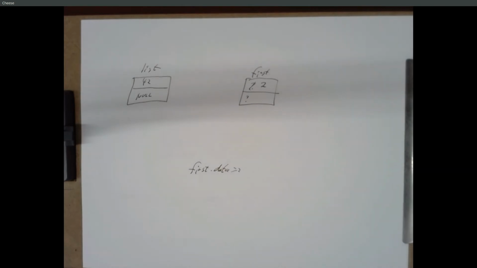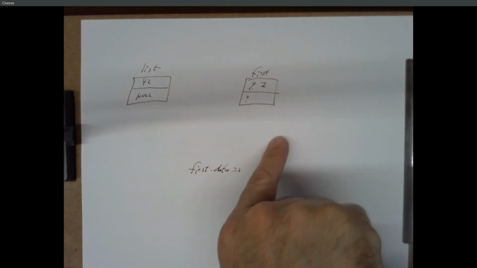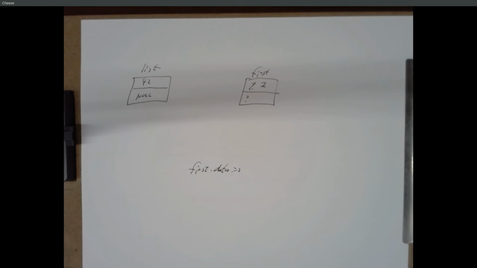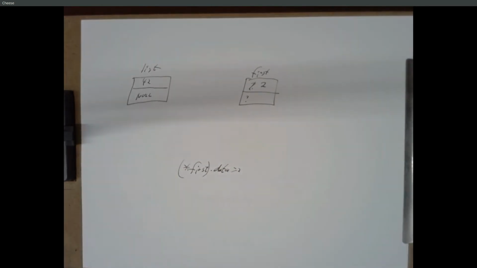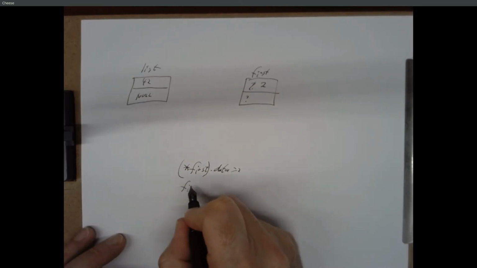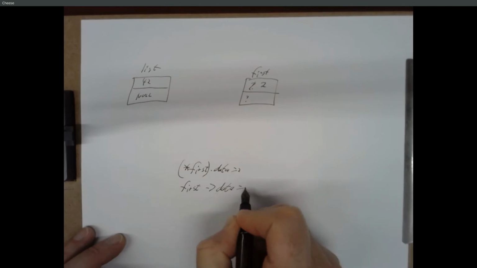We called new node, so first is pointing to a struct node. And we want to set its data field equal to 2. The thing that first is pointing to, we want that data field to be set to 2. And this is the thing that we have a special syntax for, which is first arrow data equals 2.